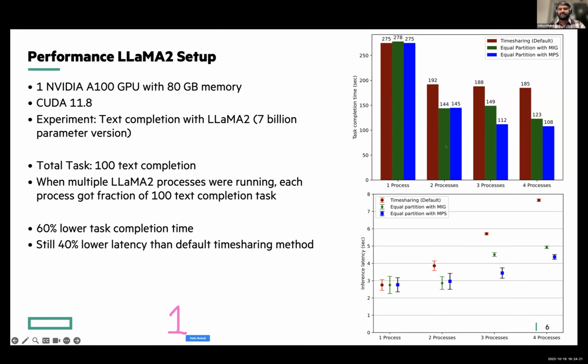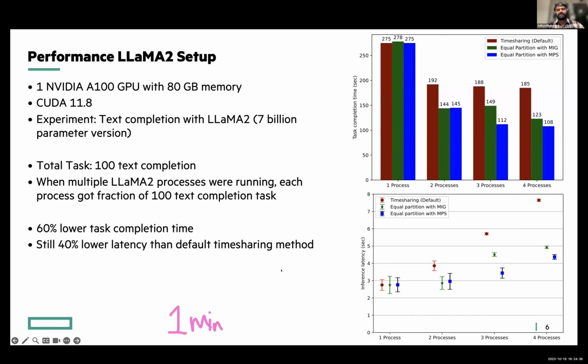But when you start increasing the number of processes, MIG and MPS start making a lot of dent. They have higher throughput. So as you run 4, you get around 60% lower task completion time.